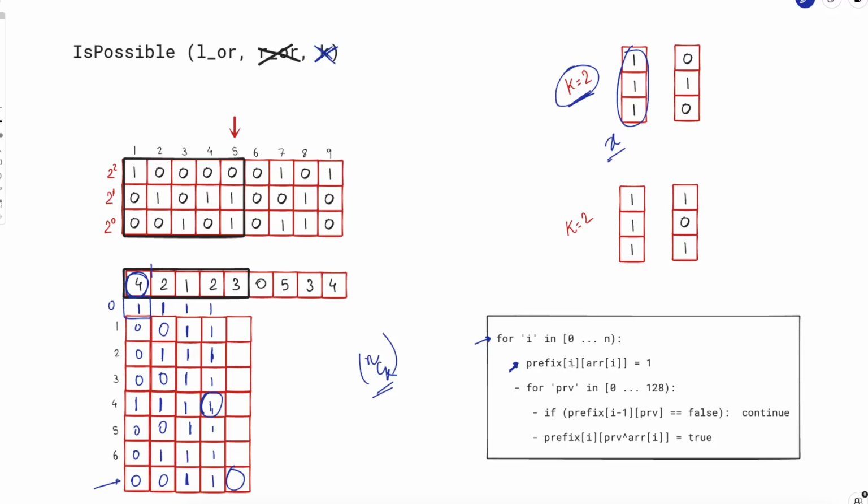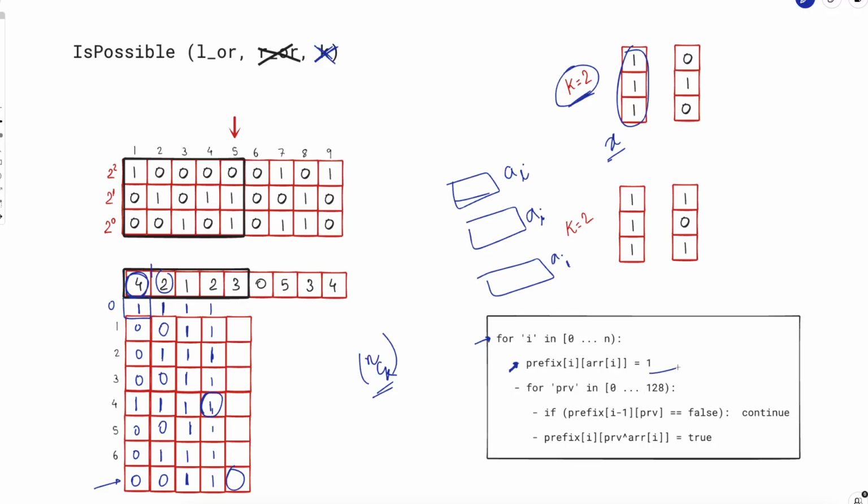There is some set of values which are feasible, right? Now you can either add the new element, let's say array of I, to all these sets, or you can keep those elements as they are. That's the only thing you can do, because whatever was feasible, you can simply keep feasible.